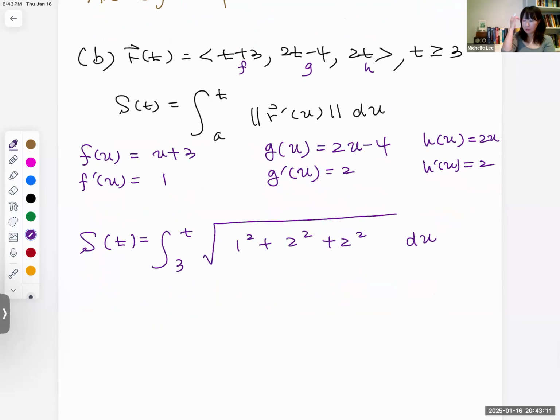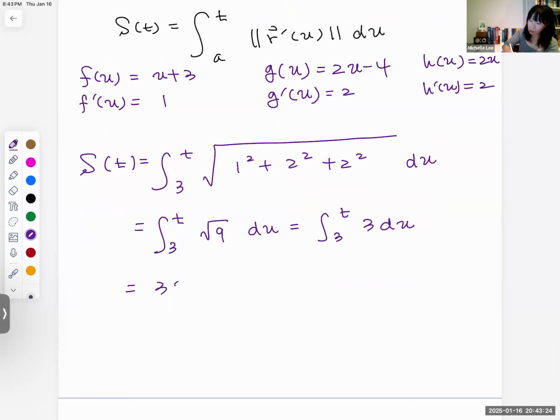Okay, so we have the square root of 1 squared plus 2 squared plus 2 squared, which is the square root of 9. That is 3, right? Okay, then there is 3u evaluated from 3 to t.